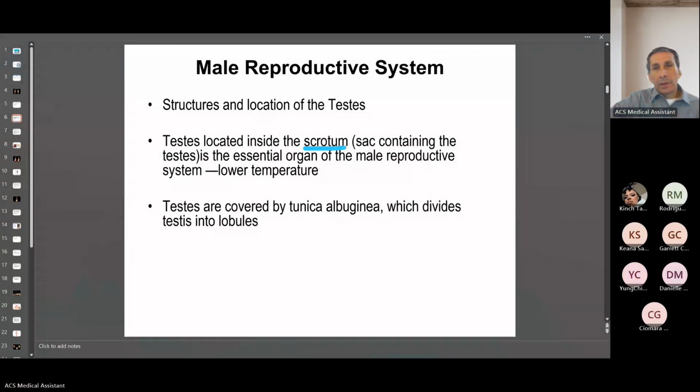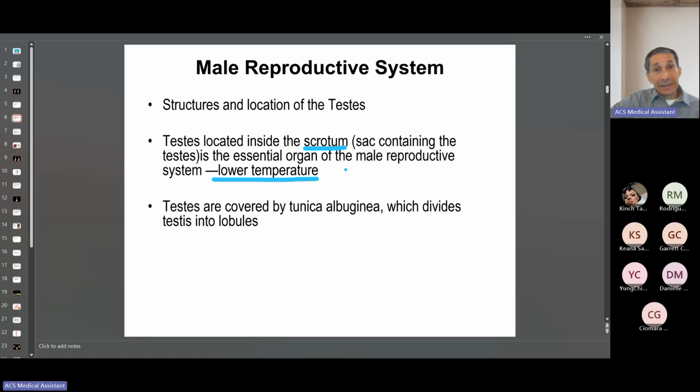Now, it is so important that these testes are hanging outside the body, because the temperature within this structure is a little lower than the temperature inside our body. How's that? Well, if the testes had the same temperature as our body temperature, they would have problems with the sperm. It's going to be too hot in there.